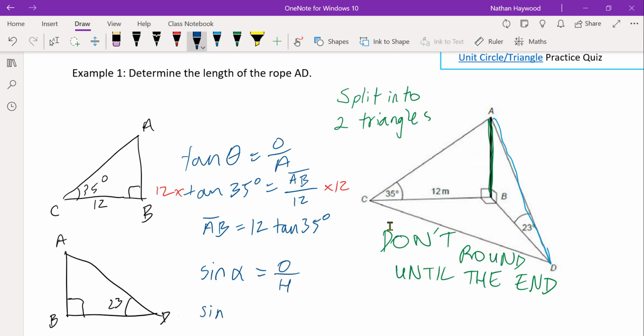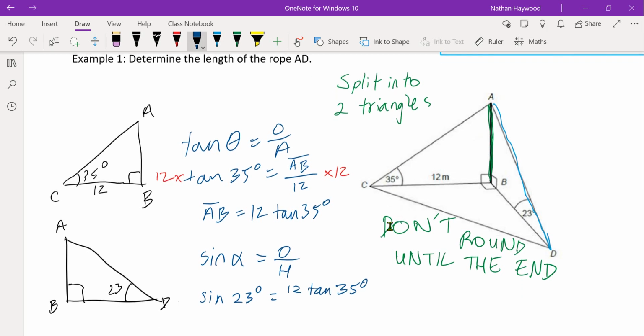So we know the angle is 23, we know the opposite is exactly 12 tan 35 degrees, and we know the hypotenuse is, oh, that's the bit we don't know, AD.